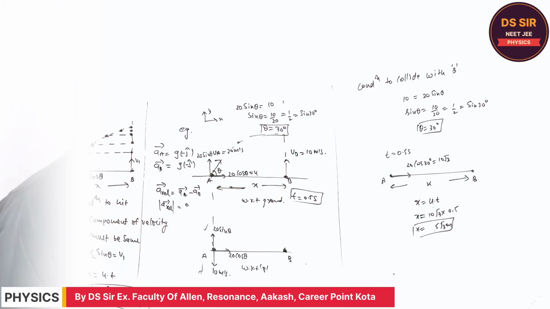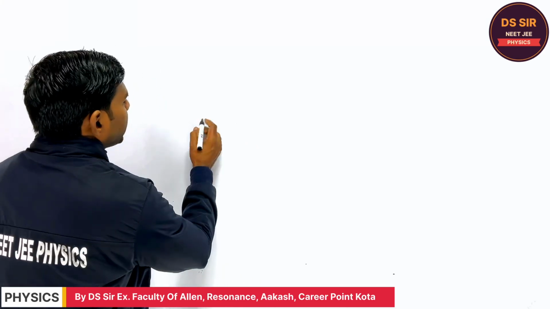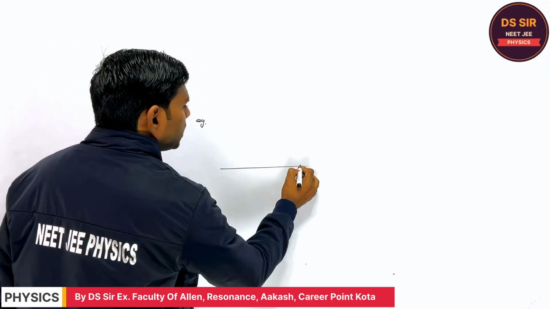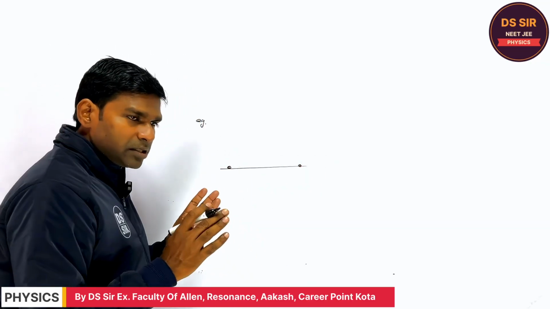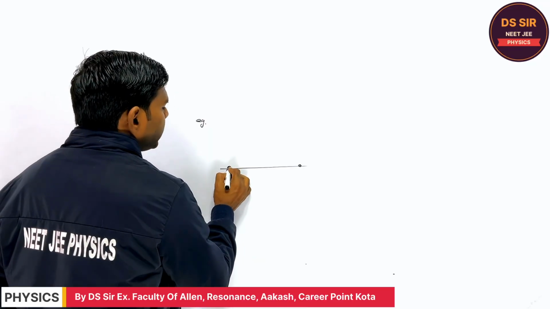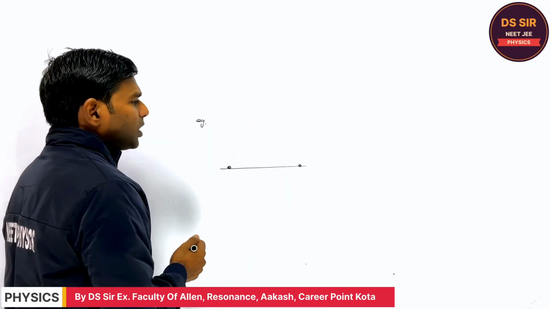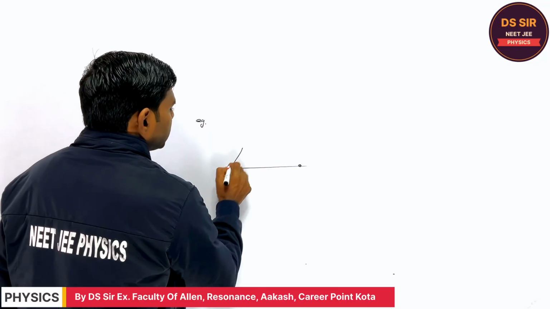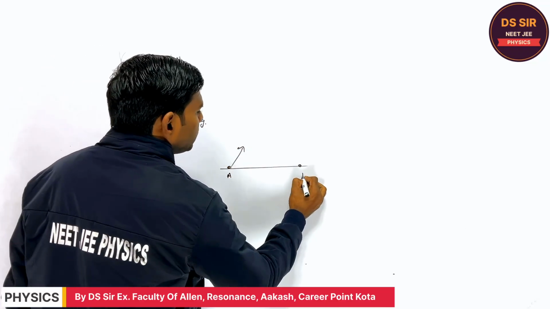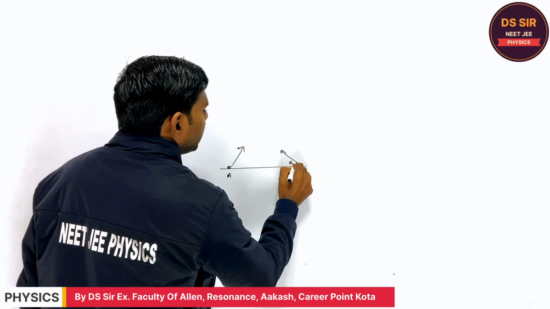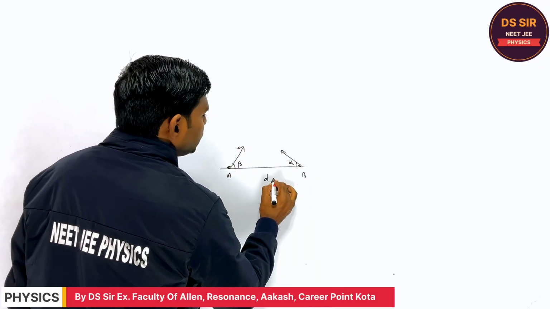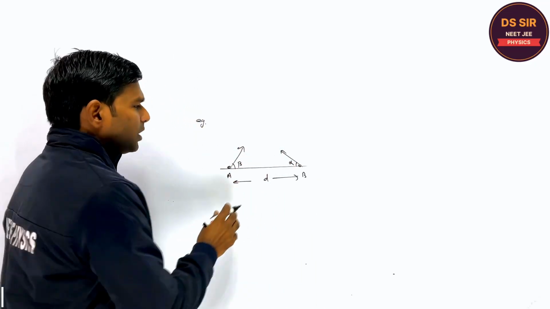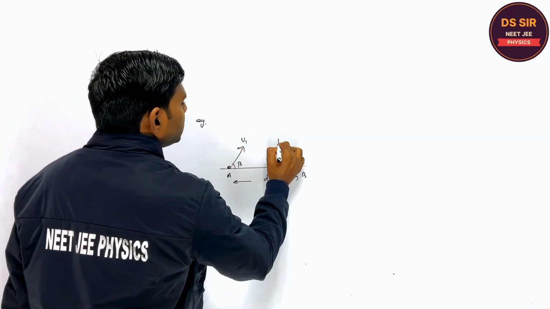You can copy this. So we can take a few more examples. For example, listen to one thing. Suppose these are two particles thrown vertically upward from the ground, because their relative acceleration is 0. Suppose this is particle A, this is particle B, this is angle alpha, this is angle beta, and the initial separation is D. This is V1, this is V2.